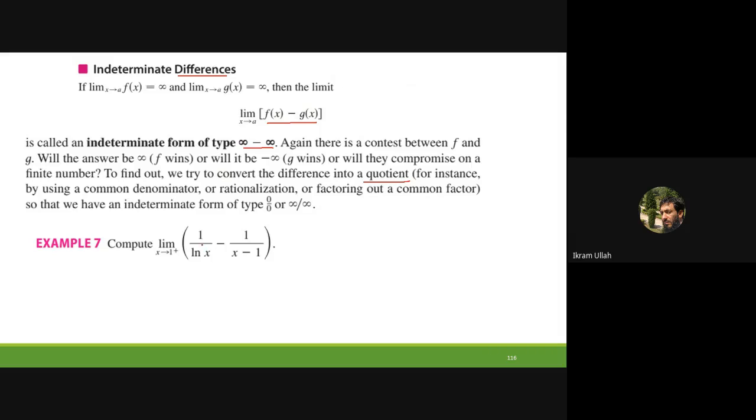By directly applying the limit, this will be 1 over ln of 1 minus 1 over 1 minus 1. We know ln of 1 is 0, and 1 minus 1 is 0, so this is 1 by 0, which is infinity minus infinity type. This is again another indeterminate type like that.